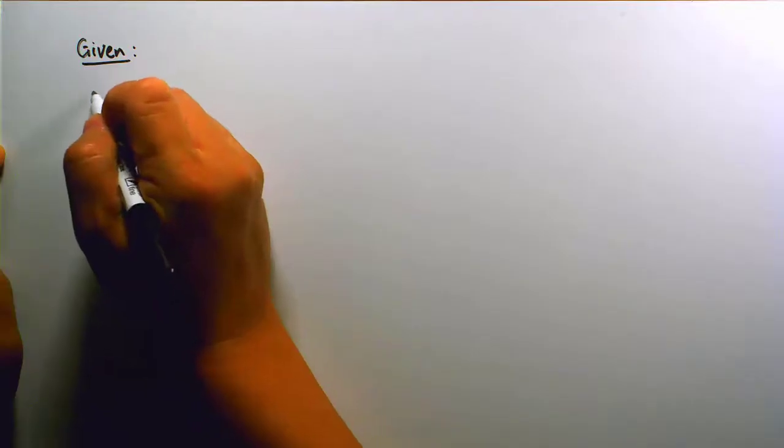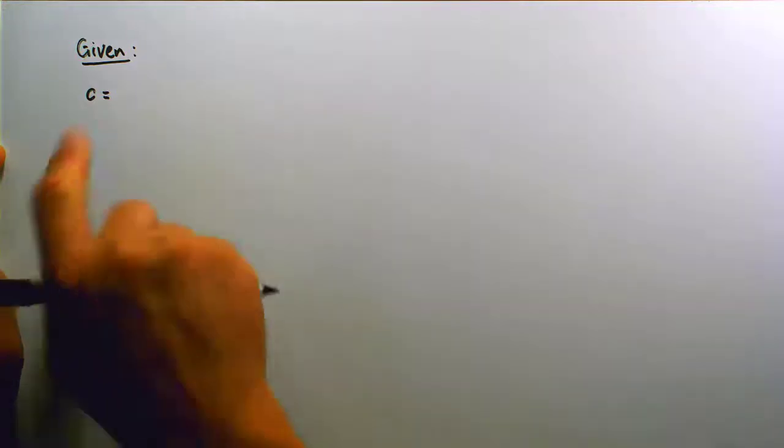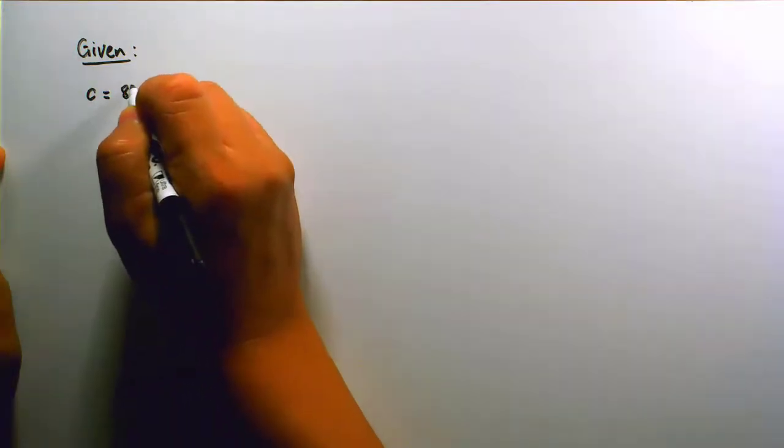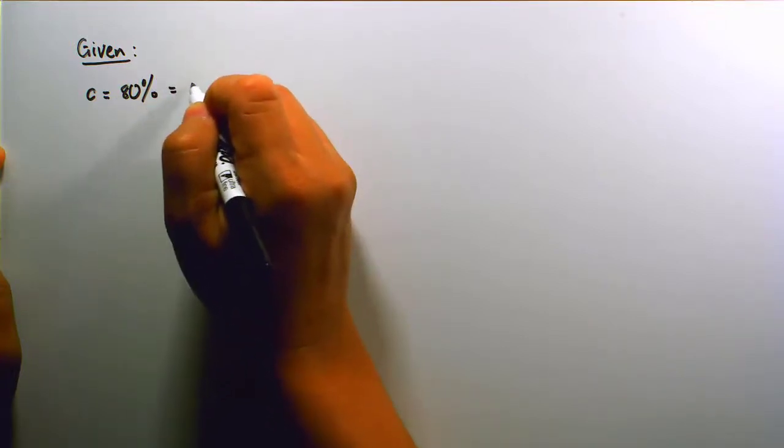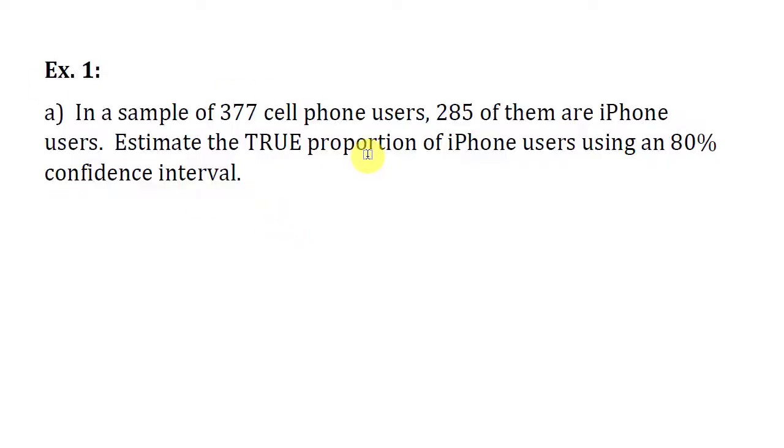the confidence level that we are given here, lowercase letter c, is given to be 80%, or for calculation we use 0.8. According to this given information, it's an 80% confidence interval that we are constructing.